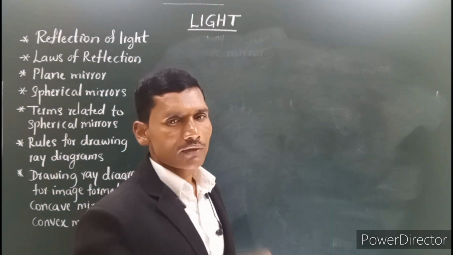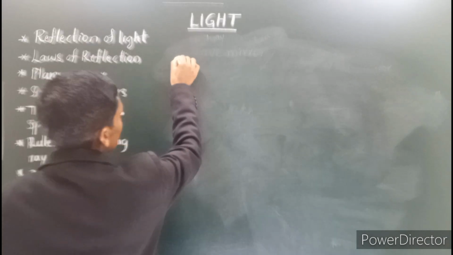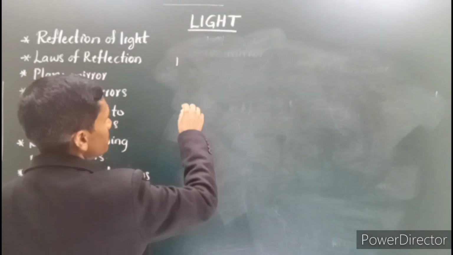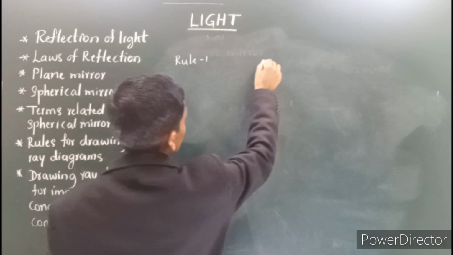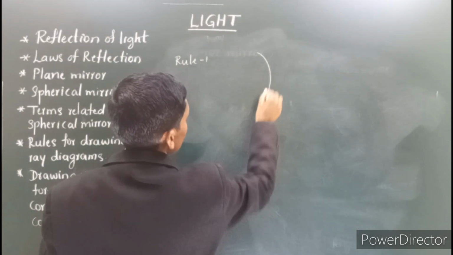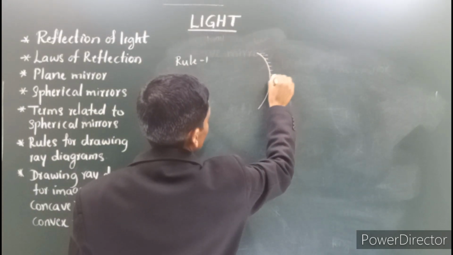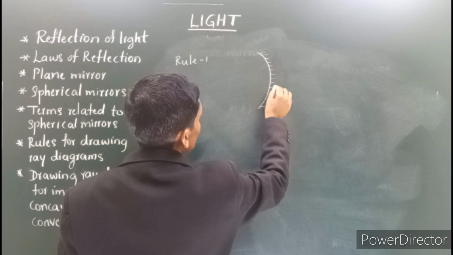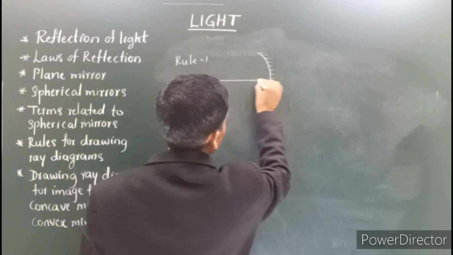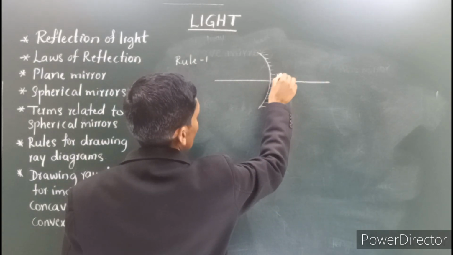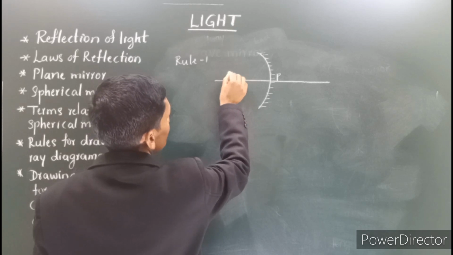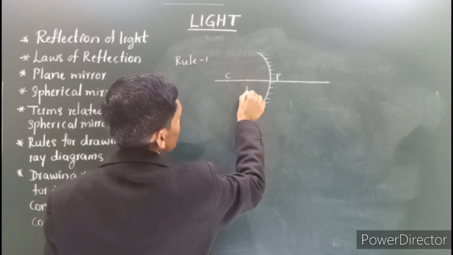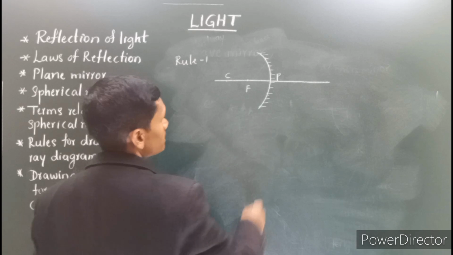First, let us consider the first rule. Rule 1 says: if this is a concave mirror, you have to show the principal axis first, here the pole, this the center of curvature, and this the principal focus, right?